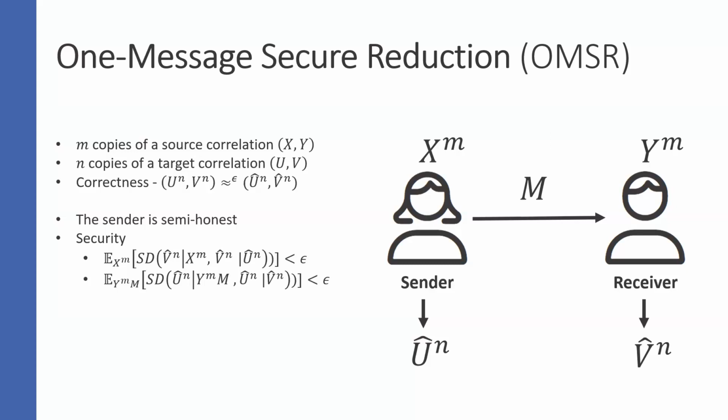We want the parties to be semi-honest, so they will follow the protocol. As for security, intuitively, we want that in expectation over the views, each party will know nothing more about the other party's output than it should have known given its own output under the target correlation. This is formalized using expectations.